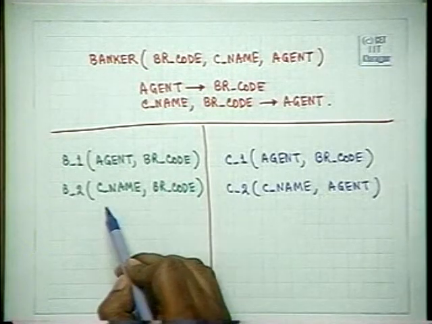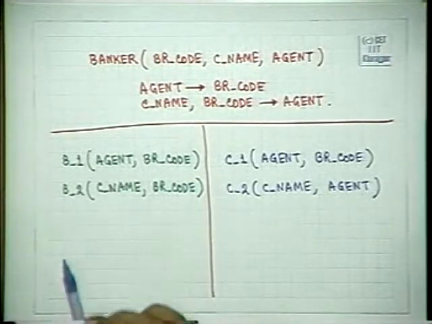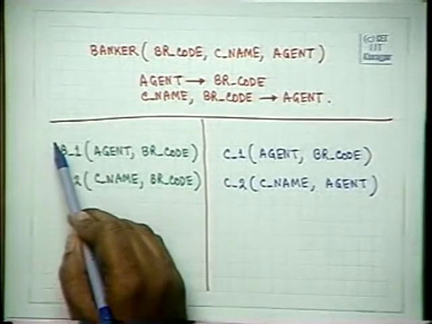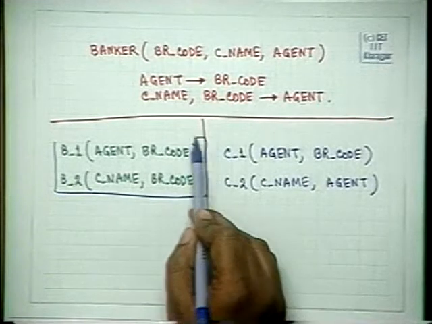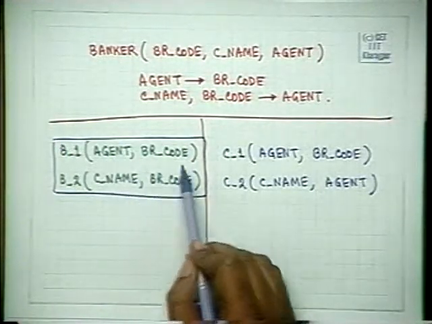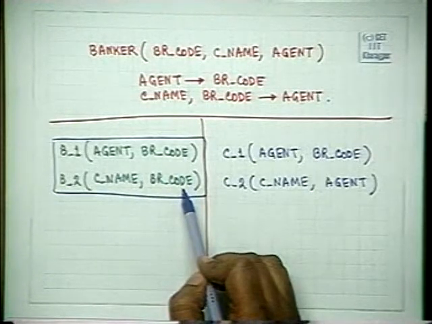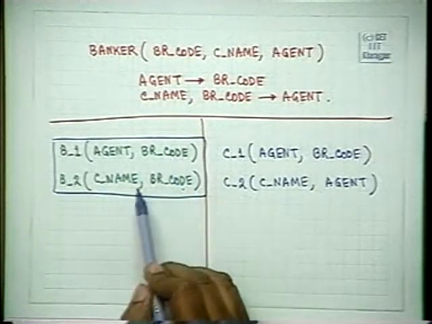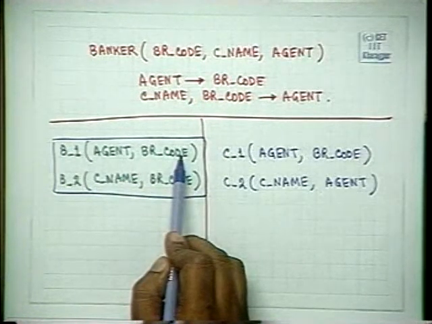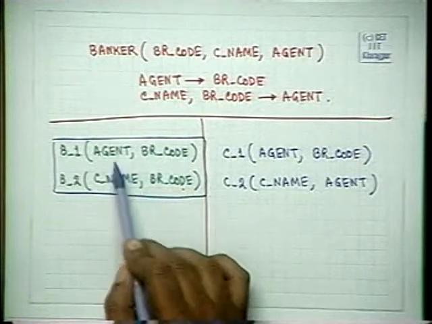The first question we have to answer is, are both lossless join decompositions? Look at this one. When you do a natural join, it will be done on branch code, and branch code is not a primary key here. It must be a primary key in at least one of them.